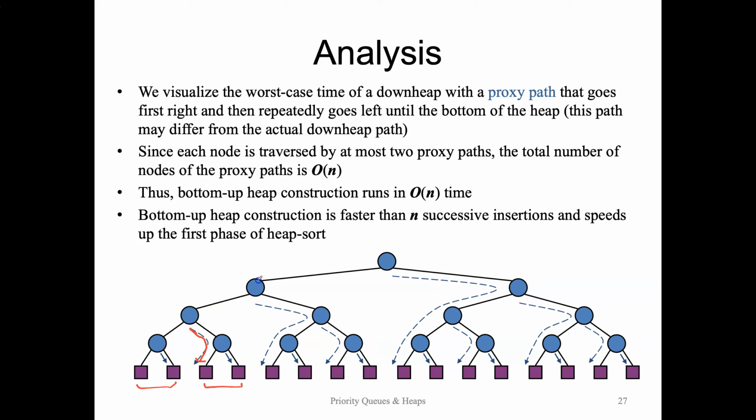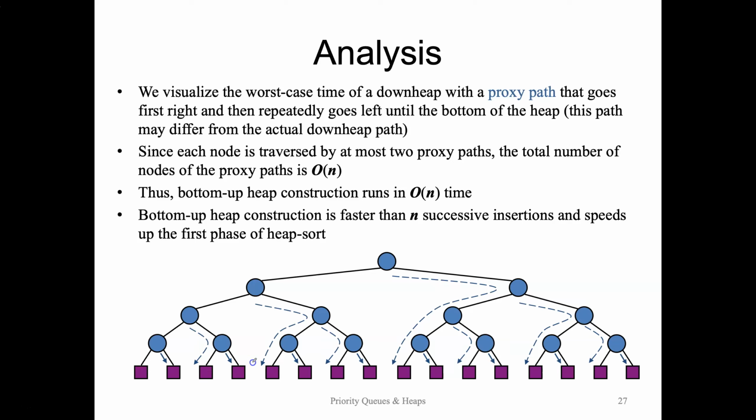Let's suppose that in the worst case, we had to swap this node. It followed some path from the root all the way down. Now maybe it actually went to the left and then to the right or something, but it doesn't matter which way it went, because we only care about how many swaps had to occur.